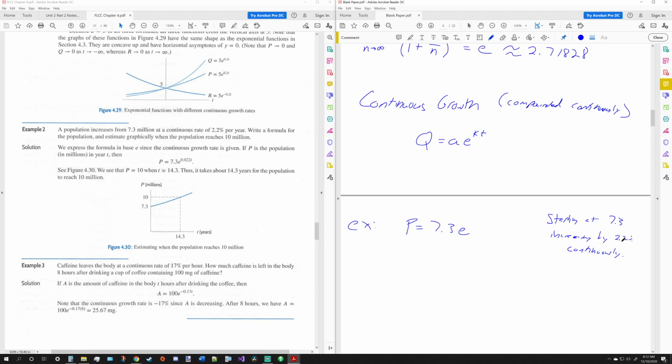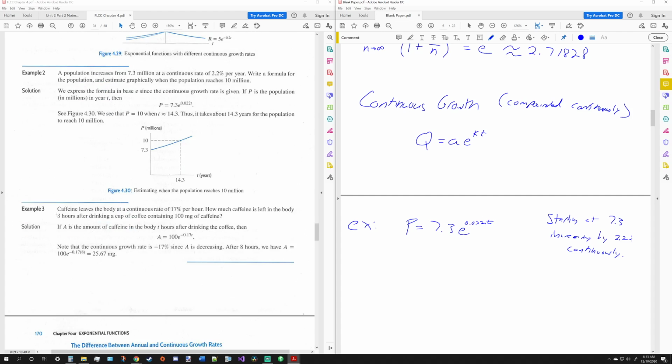So the 2.2% increase continuously, I convert that to a decimal. So that's 0.022 and then t. That would be our formula. Okay? And we could just plug this in and put that into y1 and put 10 into y2 and find the intersection point. Okay?